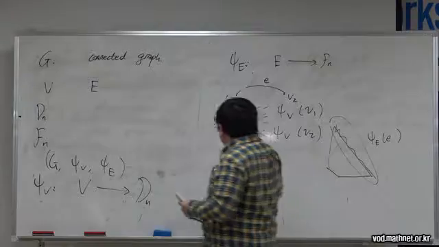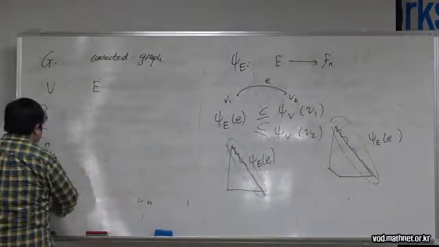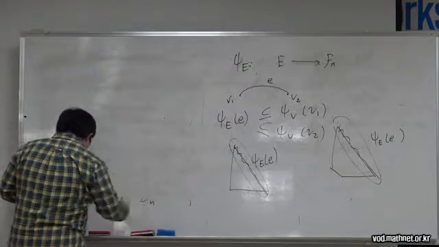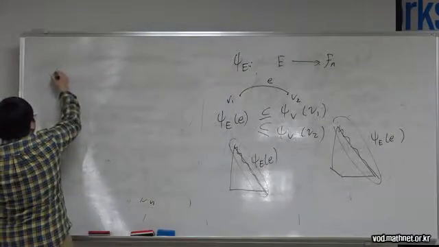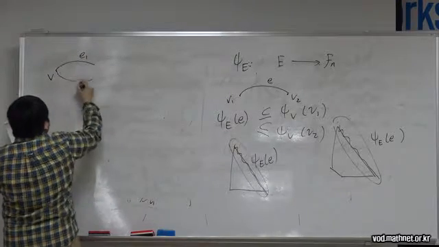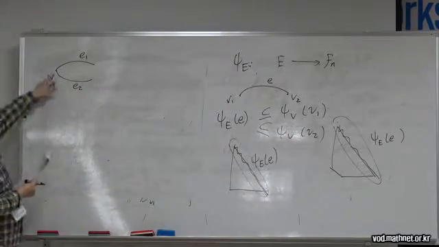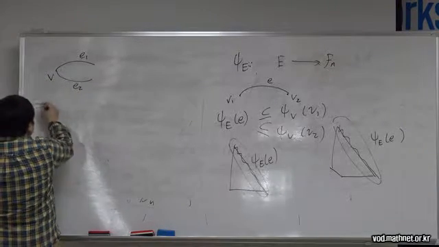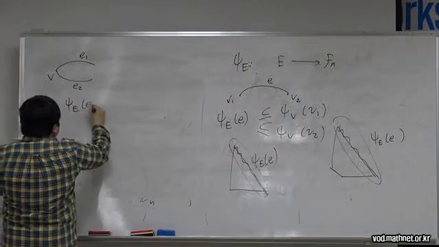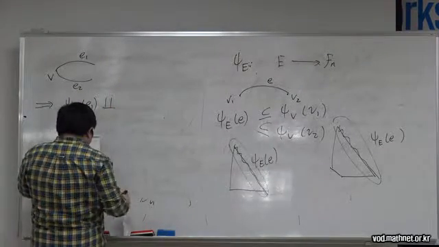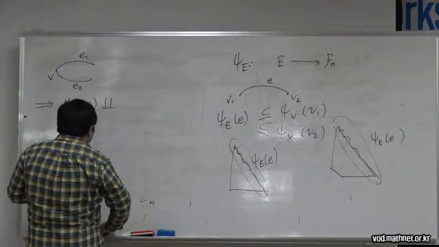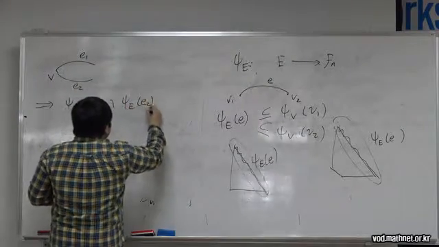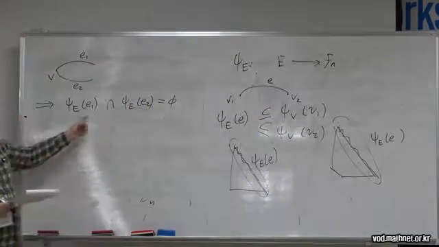And the third condition is that from a vertex v, we have two edges, e1 and e2. Then we require that the intersection of these two facets is empty.